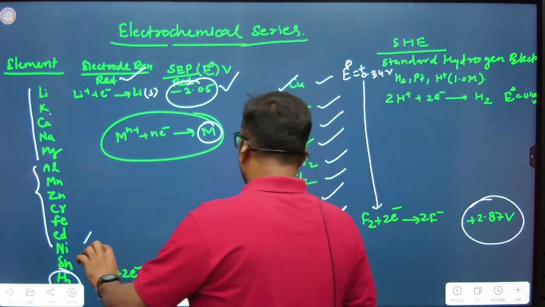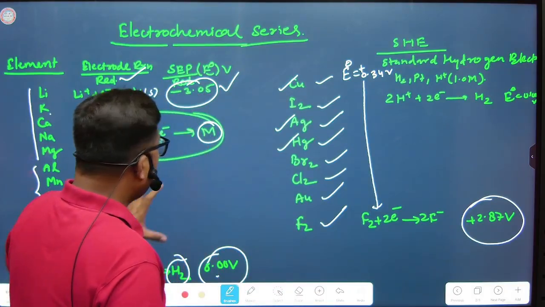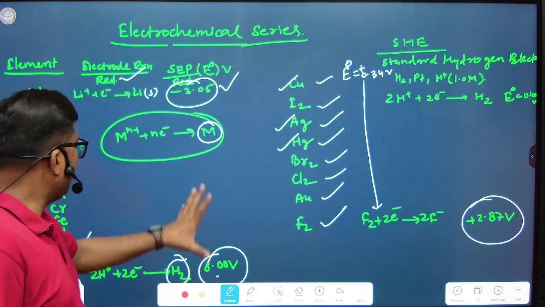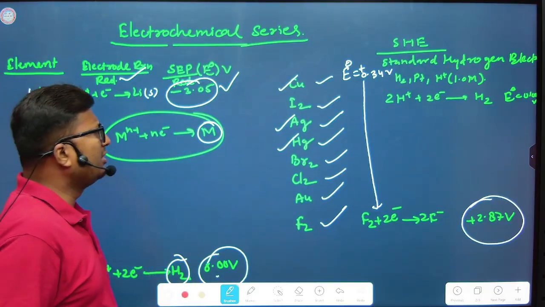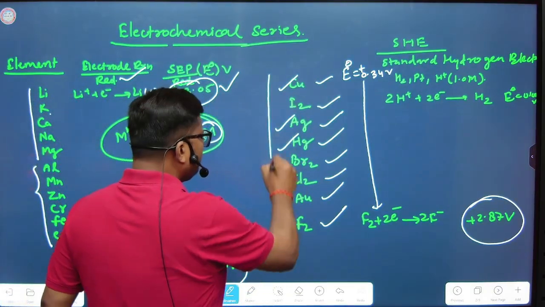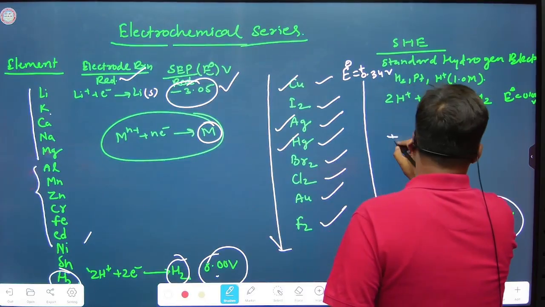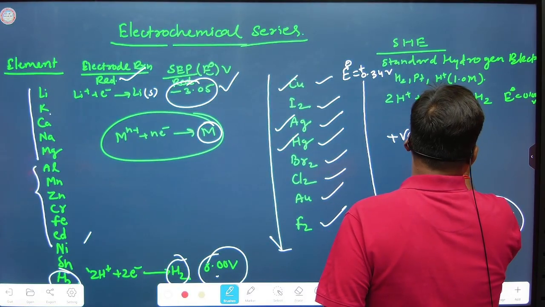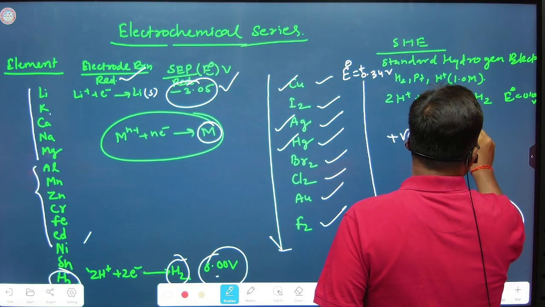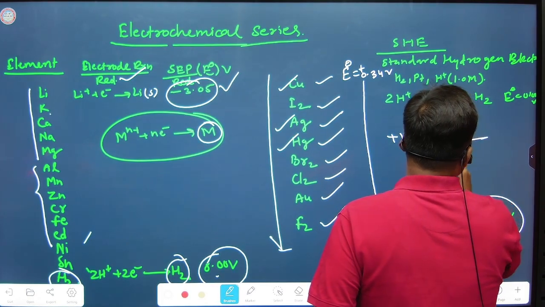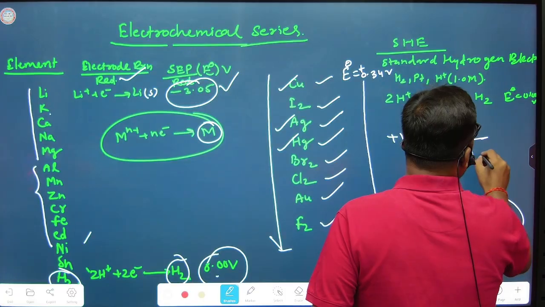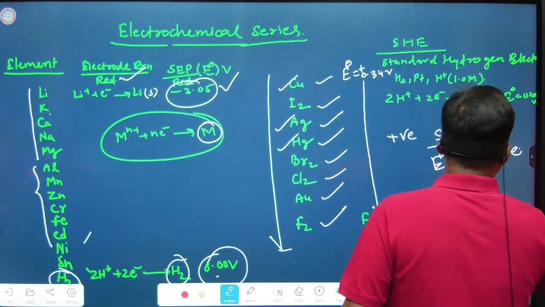All the metals or non-metals present below the hydrogen show positive standard reduction potential, so E0 reduction, all are positive, right?